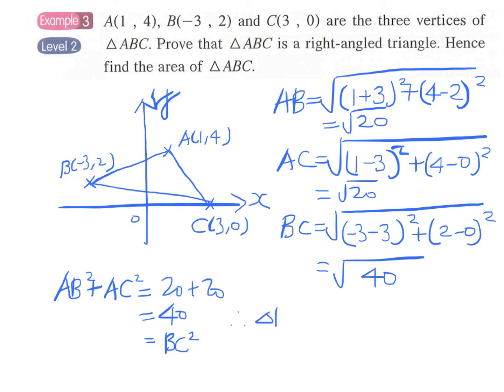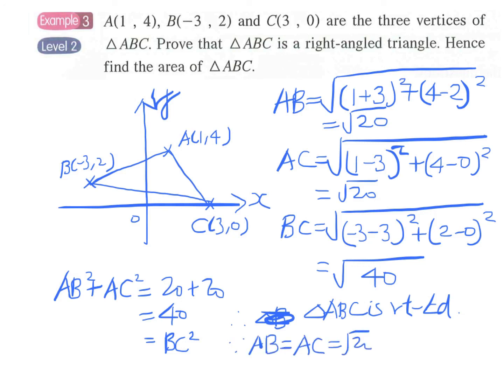Therefore, triangle ABC is right angled. But actually we can do more than this. AB also equals AC, so it is also an isosceles triangle. And we can do something extra. AB equals AC. Therefore, triangle ABC is isosceles.